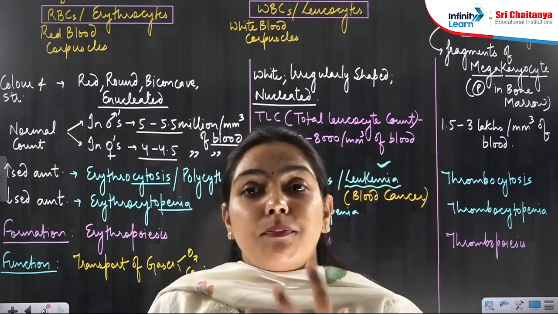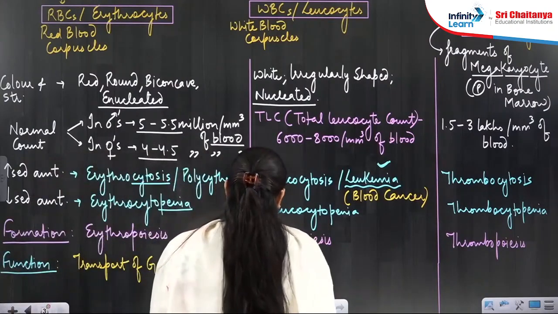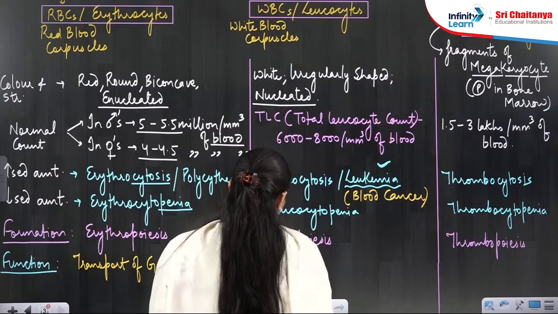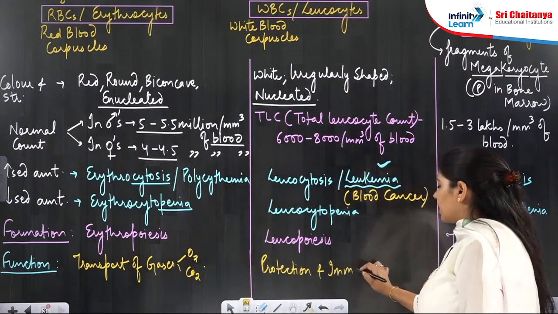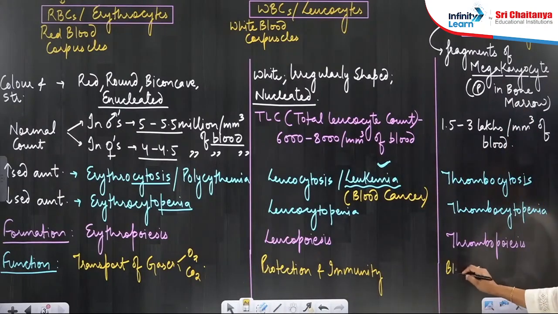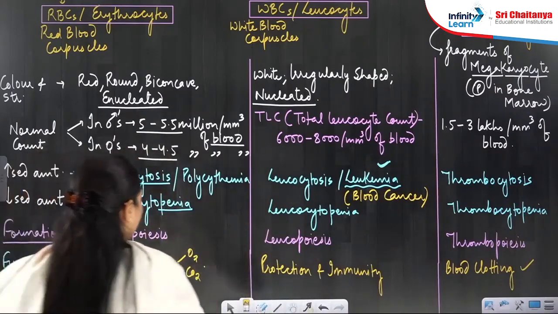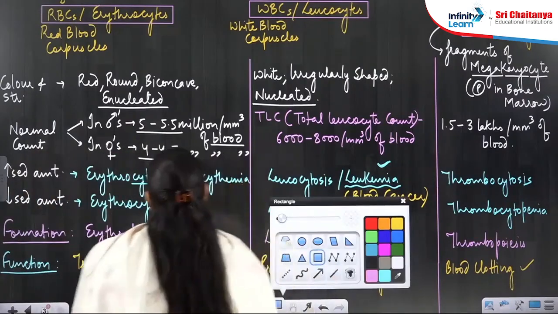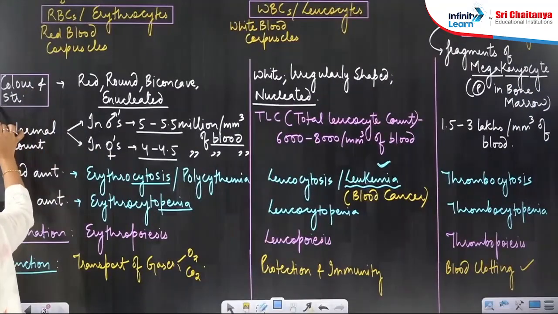They are part of the immune system, providing protection and immunity. And what is the function of platelets? They help in the process of blood clotting. So, you should know all these things about the formed elements. You should know the color and structure of RBC, WBC and platelets.